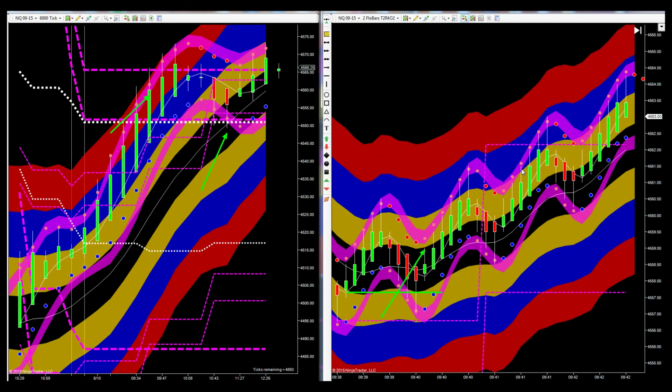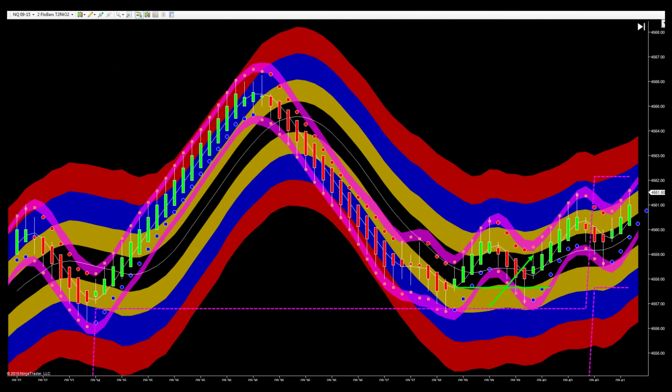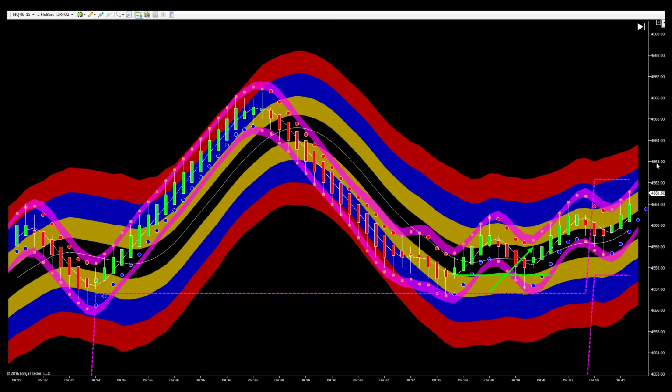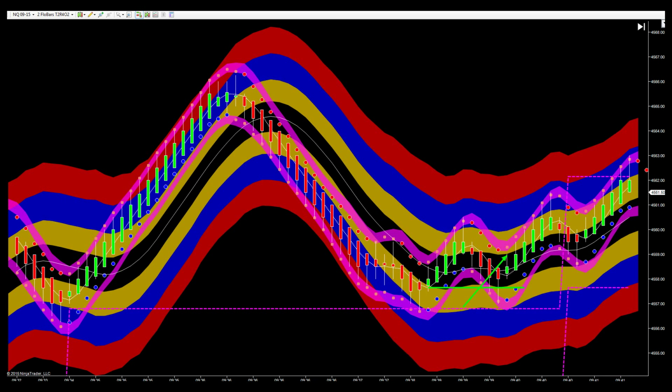Now let's discuss why this would be important for a trader to consider. I've expanded the chart quite a bit here to look at just the trade chart. This lower magenta between here and here, this is the upper energy band that we're using from the 6,000 tick. So when the market gets very, very strong, price will stay above the upper energy band.